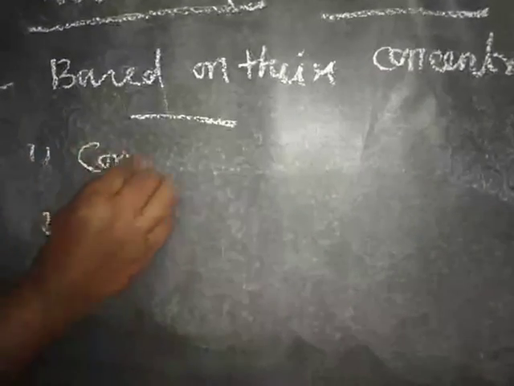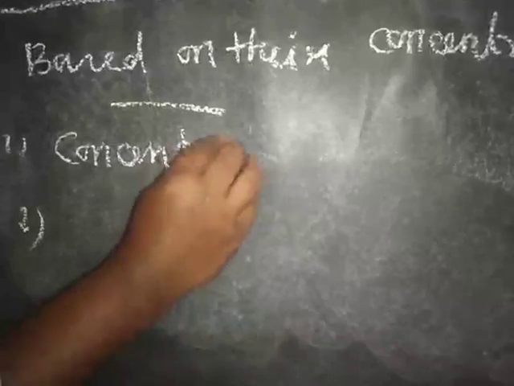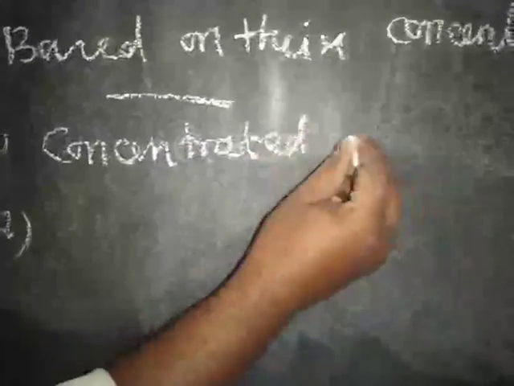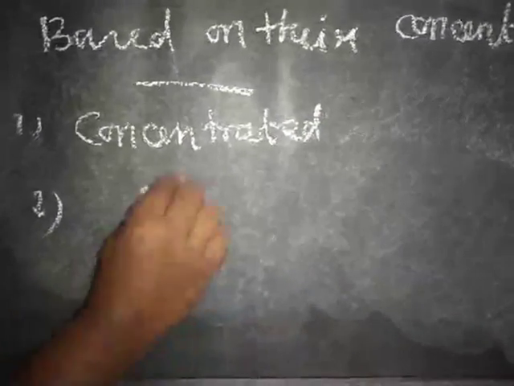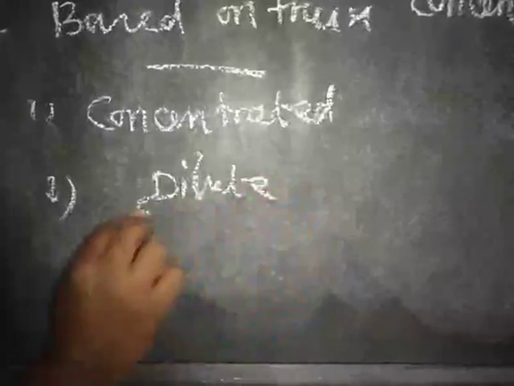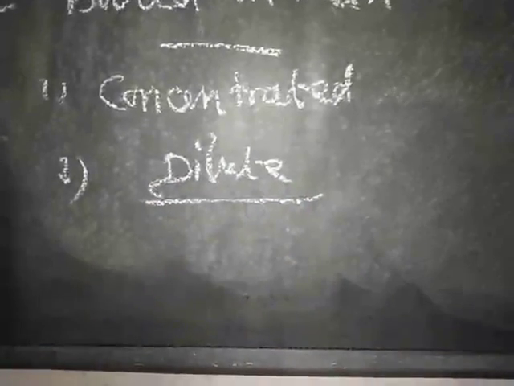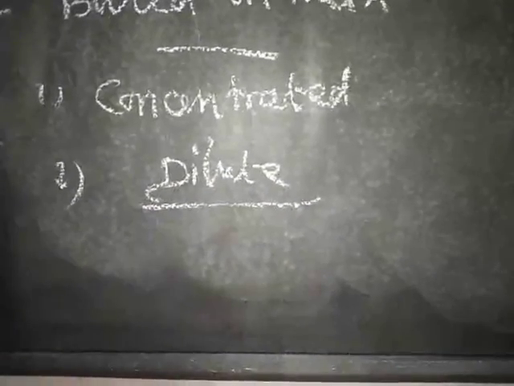One is concentrated acid, another one is dilute acid. Concentrated, and another one is what? Dilute. So what is meant by concentrated acid? What is meant by dilute acid?